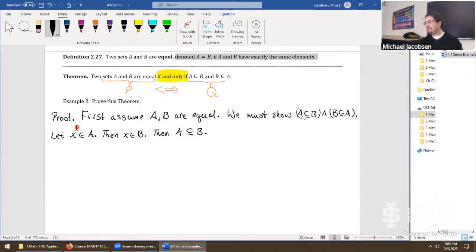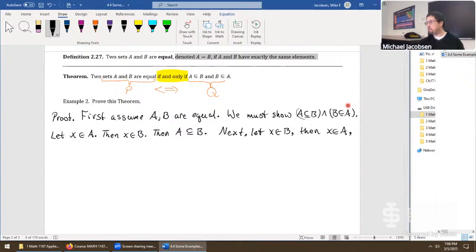That's part of it. And now we can just turn it all around. If we want to show that part, we can say next, let X be an element of B. Go back over here. We said A and B are equal. That means A also contains X. They have the same elements. So we'll say, then X is an element of A. But if you grabbed an arbitrary element of B and you're able to say that arbitrary element is also in A, that's the other subset relation.